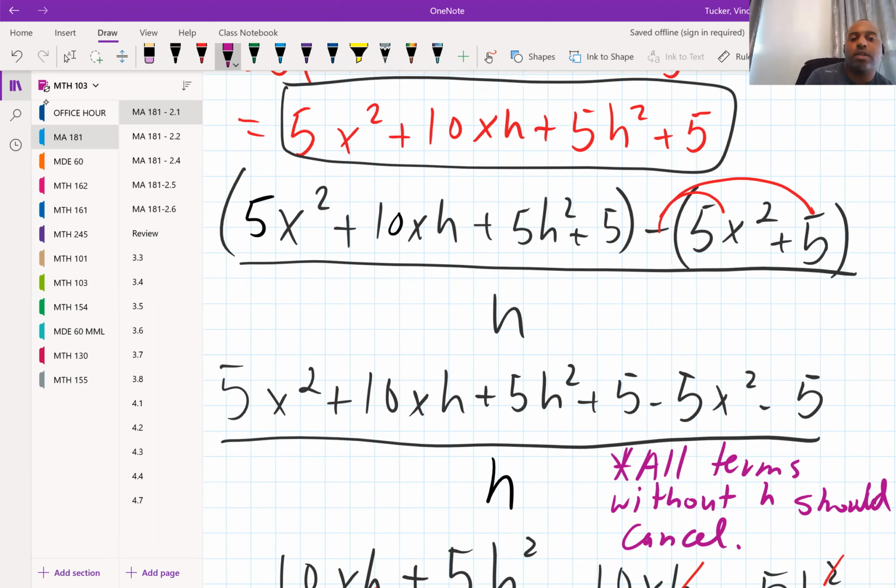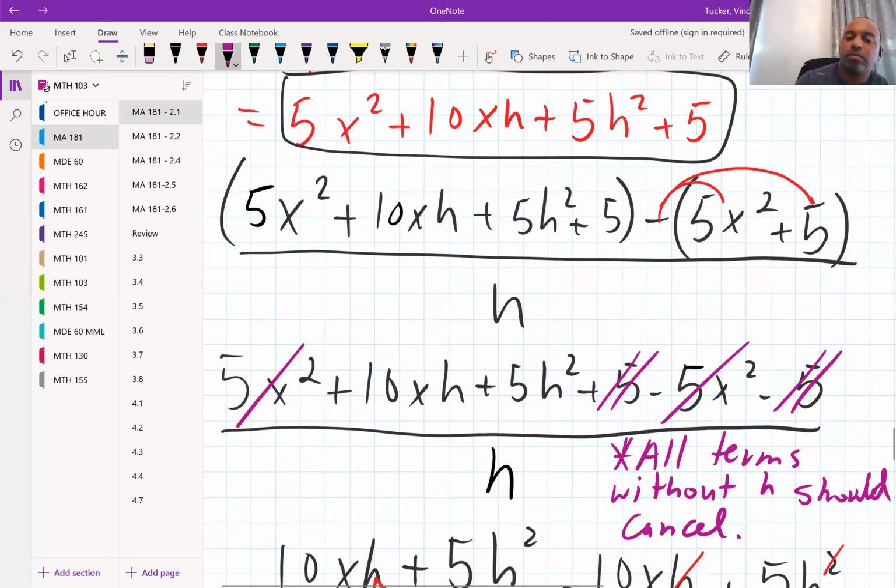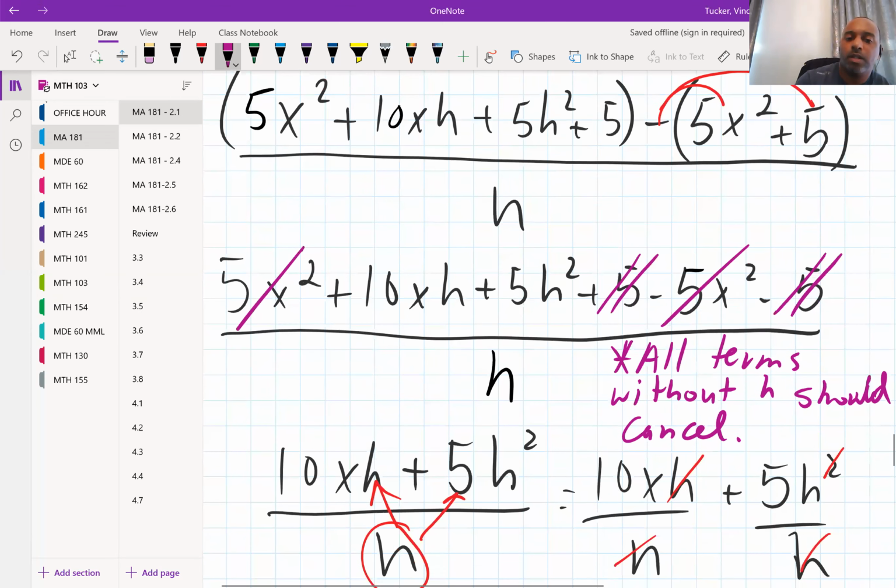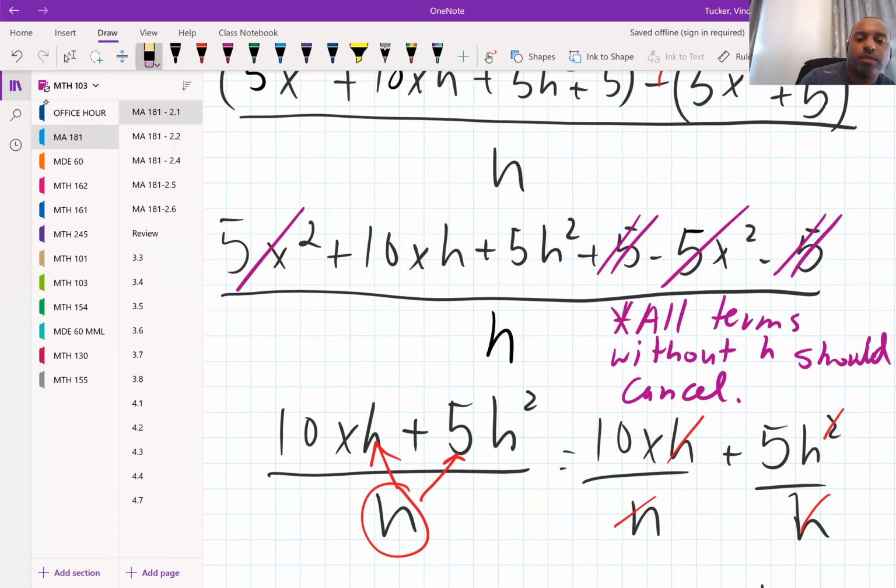So you notice 5x squared and minus 5x squared cancel for us. And then we have 5 and negative 5 will cancel for us. And that leaves us with 10xh plus 5h squared.